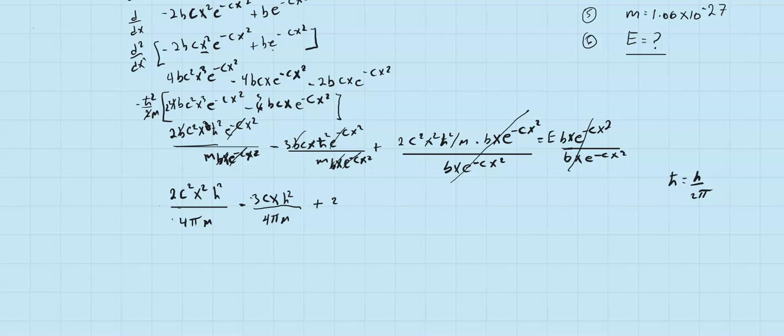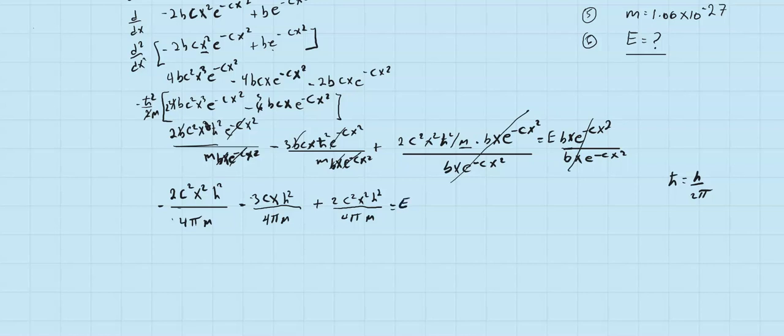This is a negative right here, because I multiplied by negative h bar squared over 2m, plus 2c squared x squared h squared, which I'm going to write as h squared over 4 pi, and I have my m over here. You can see my m right here, and this is going to be equal to my energy.